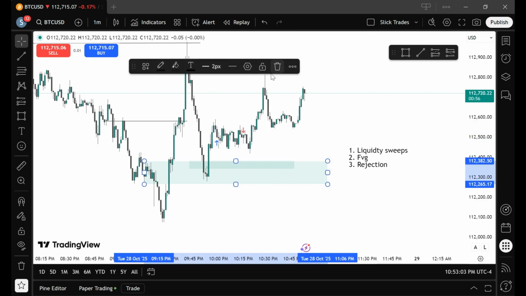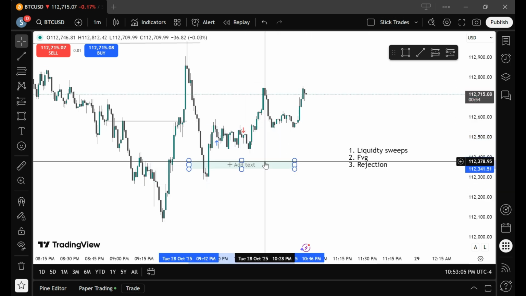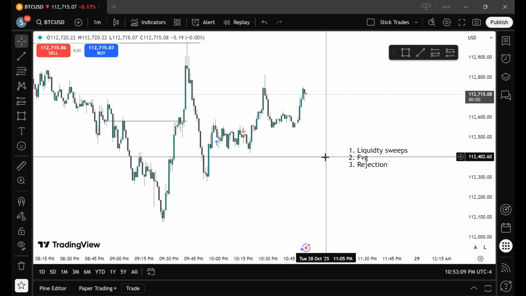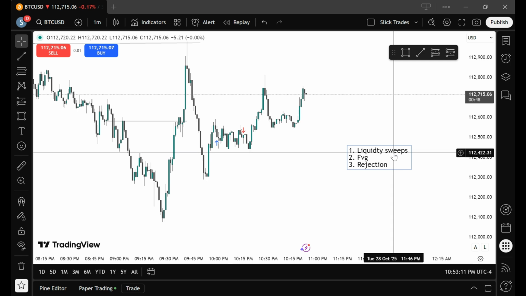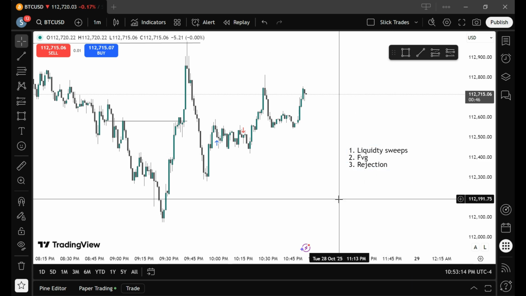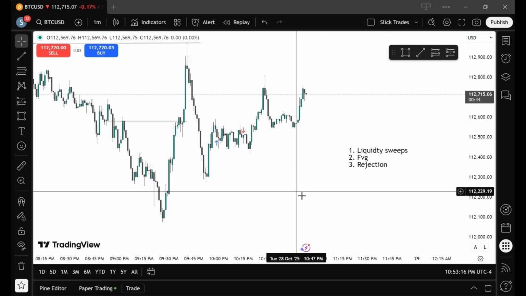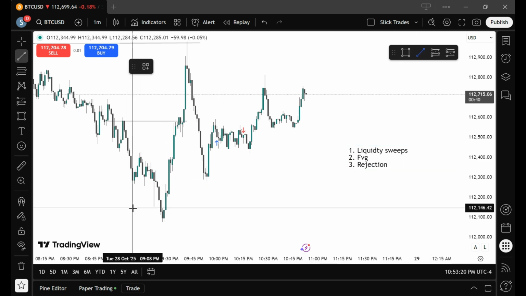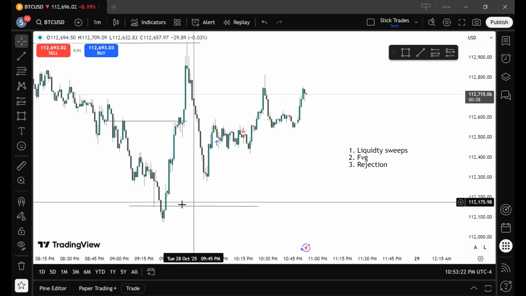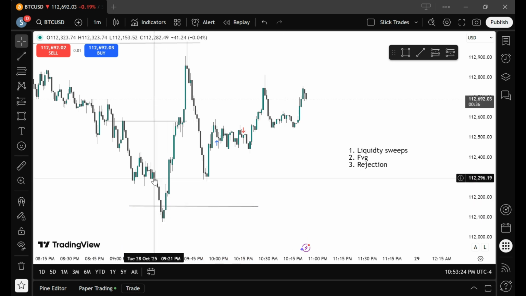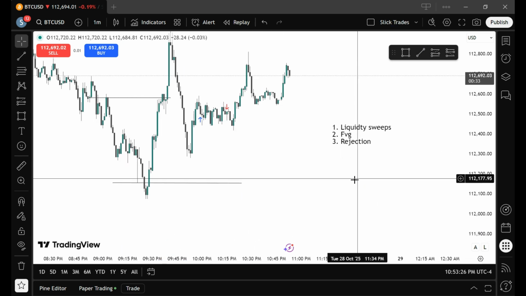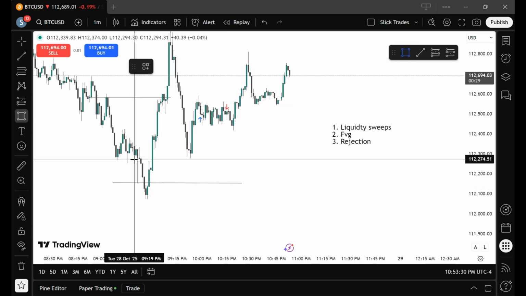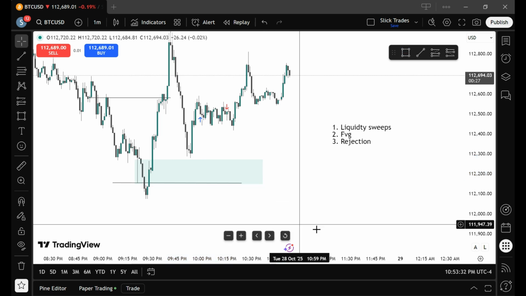So rejection. Okay. Now, if you notice something about confluences, which are basically just everything I'm giving you, all these ideas are just, in other words, confluences that are all leading to the same direction of change. Okay. So the liquidity sweep signals a reversal. Boom. Comes in here, sweeps this low, this wick here sweeps that low, signals a reversal. Had the inverse fair value gap, signals a reversal.